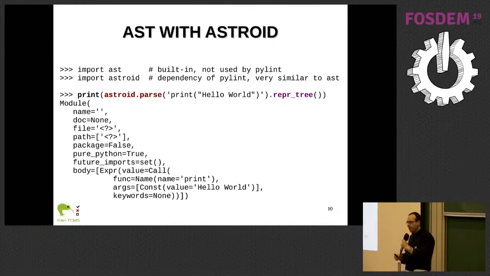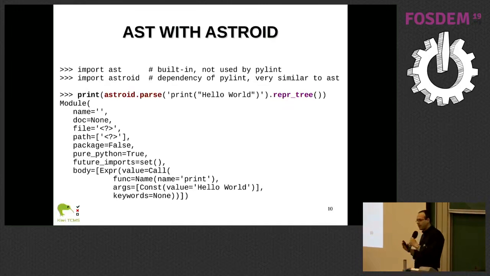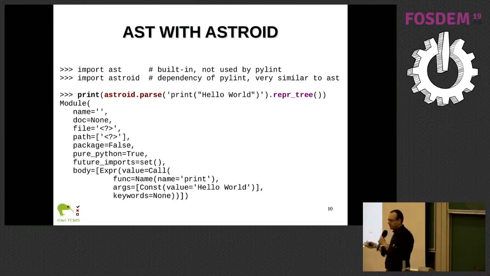So we have the parse function provided by astroid. This will receive a string and will return an astroid node. The root node is the module. So everything that astroid parses is represented as a module which contains something else inside of it. In this example, the module doesn't have very interesting attributes because it doesn't come from the file system and doesn't have a name, but it has a body, which is a list of all the expressions in the module.